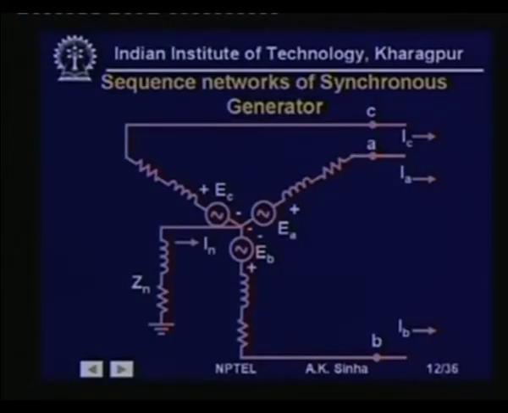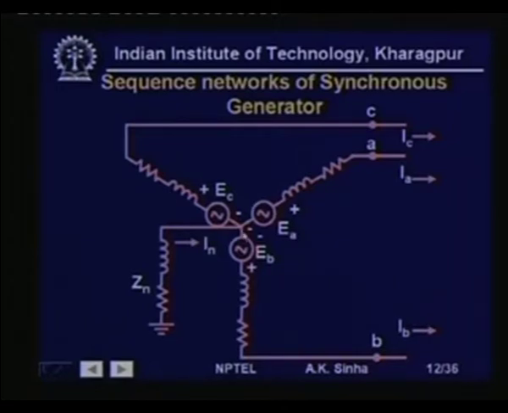Since zero sequence current means basically all the three phase currents are going to be having same magnitude and same phase. So, it is similar to connecting these three to a single phase source, then all these phases will have the same current with the same magnitude and phase flowing through them.